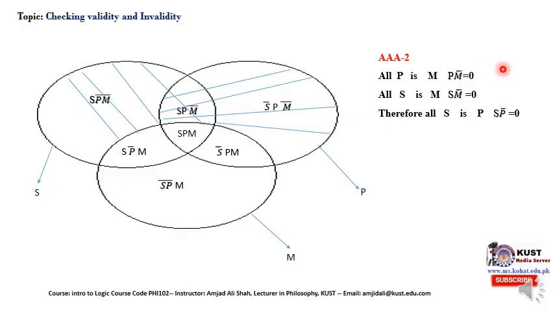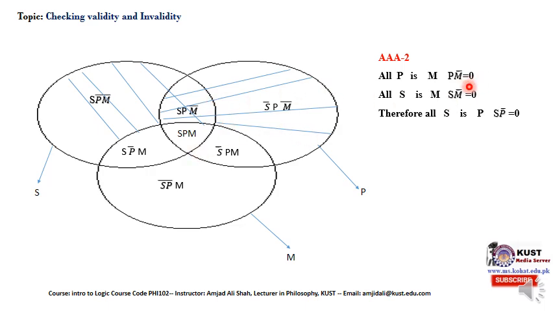If you remember, shade means empty. So this is PM bar. Forget about the third one. This is PM, this is P bar M, and this is P bar M bar. Now this is the area, PM bar. I have shaded it already. You are supposed to shade this area.